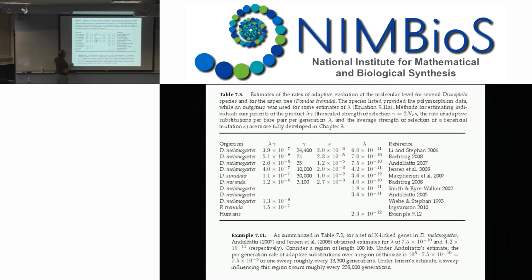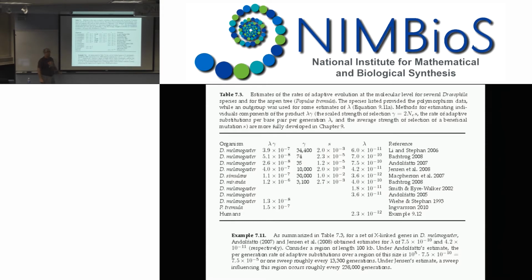And notice something interesting. In Drosophila melanogaster, and most of this I think is on the X chromosome, if you look at these things where people have gotten separate estimates of these, the combined results are relatively constant, but you see dramatic differences between average strength of selection and frequency of events. So the Drosophila data seem to suggest either big and rare or small and common, and the data are very ambiguous because some suggest one, some suggest the other.